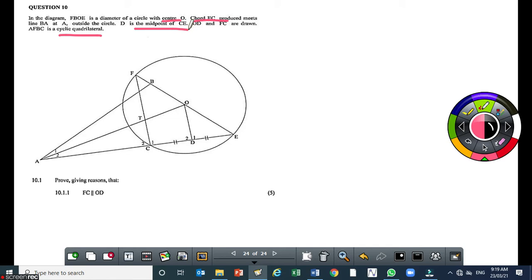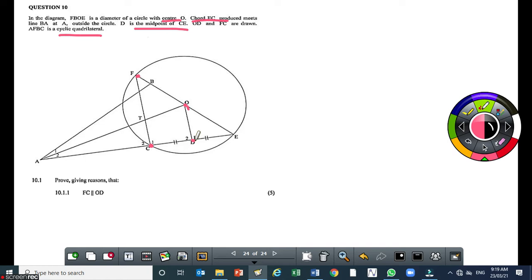So if you look at this whole question, it's FC, this is F, and that's C. Then you have OD, that's D there. And you can see that CD is equal to DE.